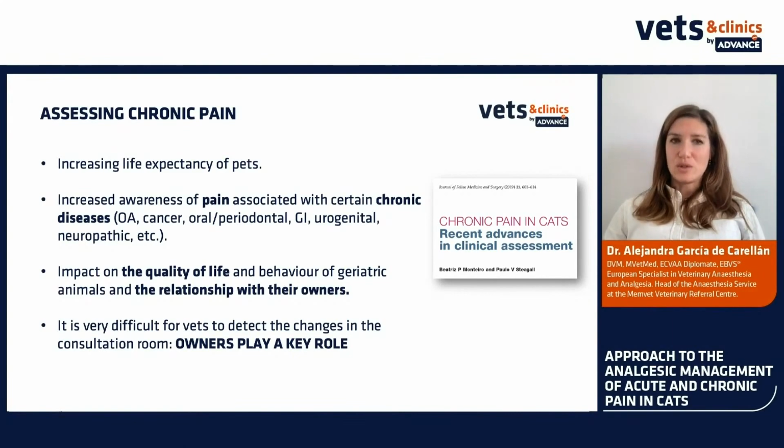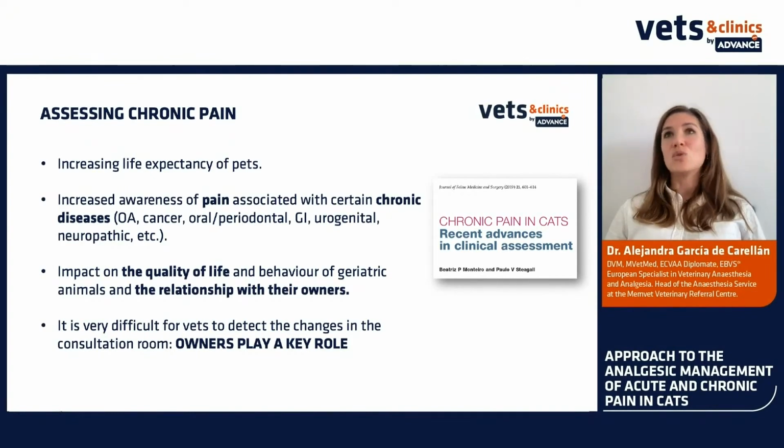Chronic pain is another story. Chronic pain is more difficult to assess. However, it's really important to treat chronic pain in cats. The life expectancy of pets in general is increasing, and also we, as owners, have increased awareness of pain.